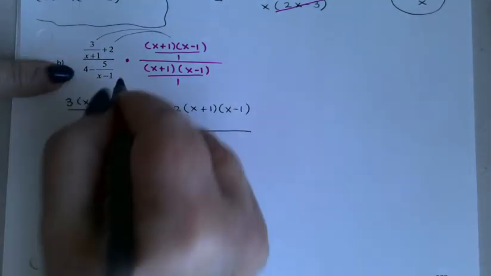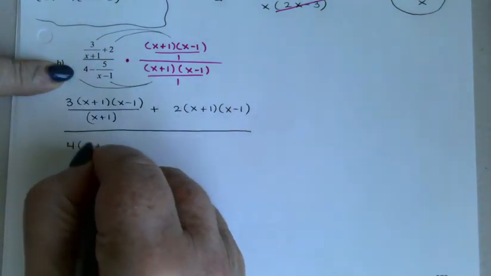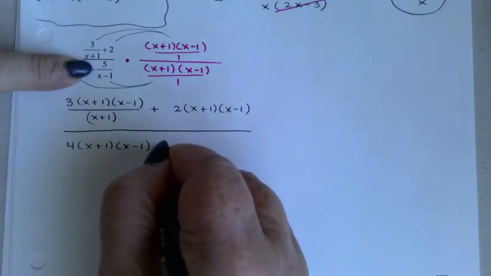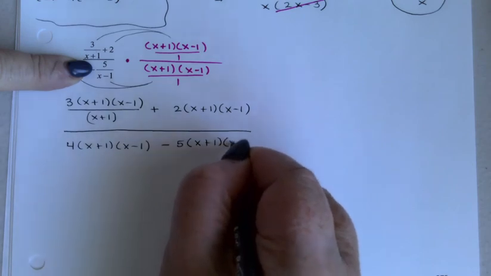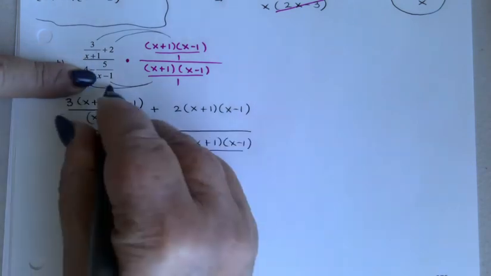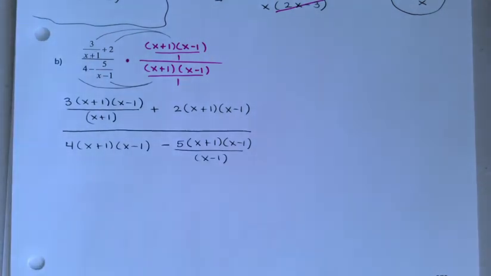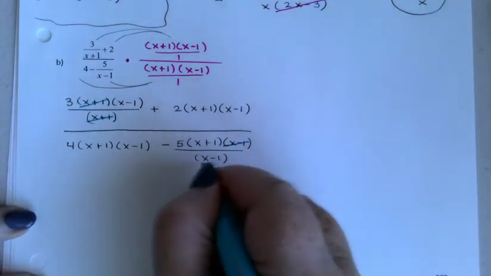In the denominator, I'll have 4 times x plus 1, x minus 1, subtract 5 times x plus 1, x minus 1, over x minus 1. I can reduce a bit. I can divide out the x plus 1's here, and I can divide out the x minus 1's there.